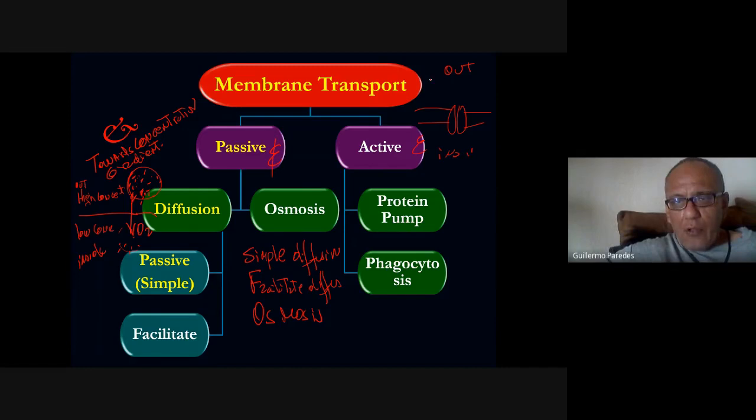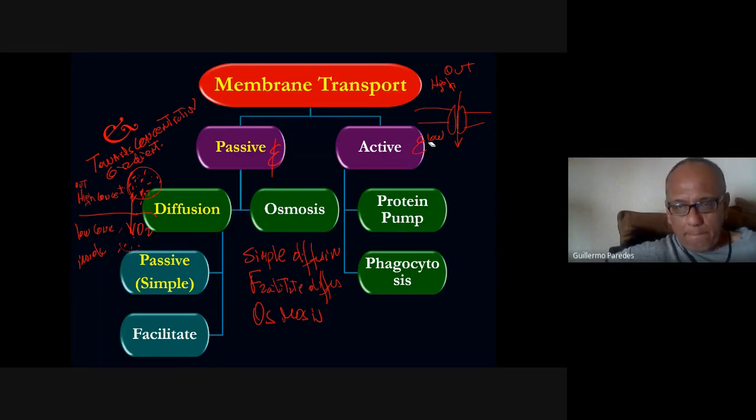Here we have high concentration, and here we have low concentration. So the nutrients are going to pass through this protein by facilitated diffusion. High concentration of nutrients outside, low concentration inside. So they're going towards the concentration gradient, but using a protein, and that is called facilitated diffusion.